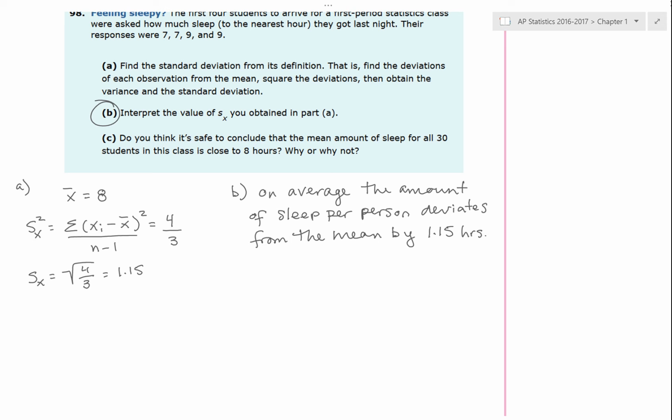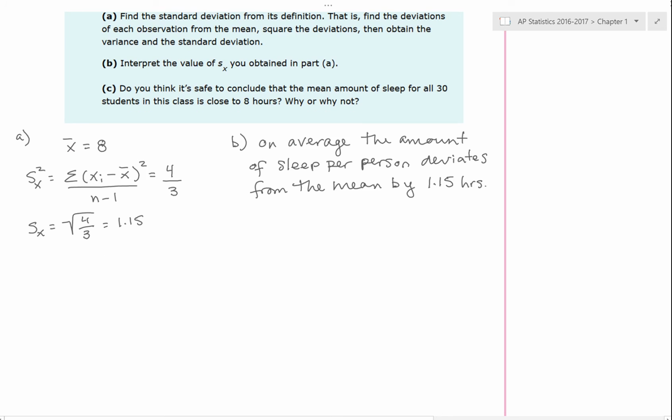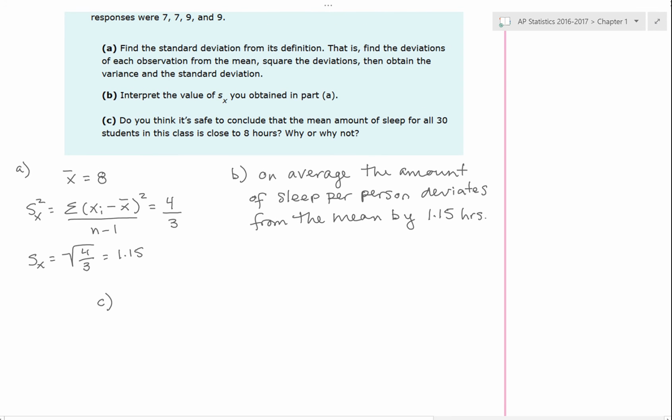The next question, part C, is one that we addressed yesterday in a slightly different context. Do you think it's safe to conclude that the mean amount of sleep for all 30 students in the class is close to 8 hours? Thoughts on this, George? I think I wrote, it is reasonable to believe that students who slept less are likely to be later than students who slept more, so the mean is most likely less.